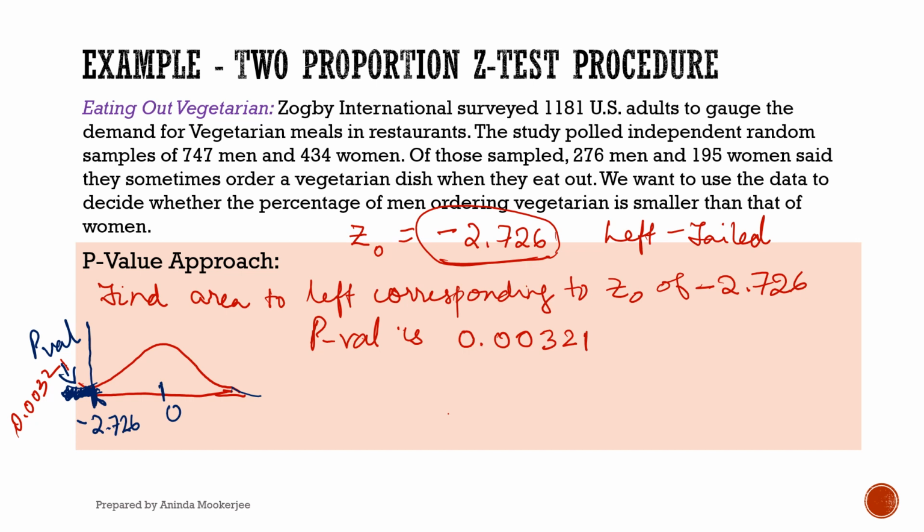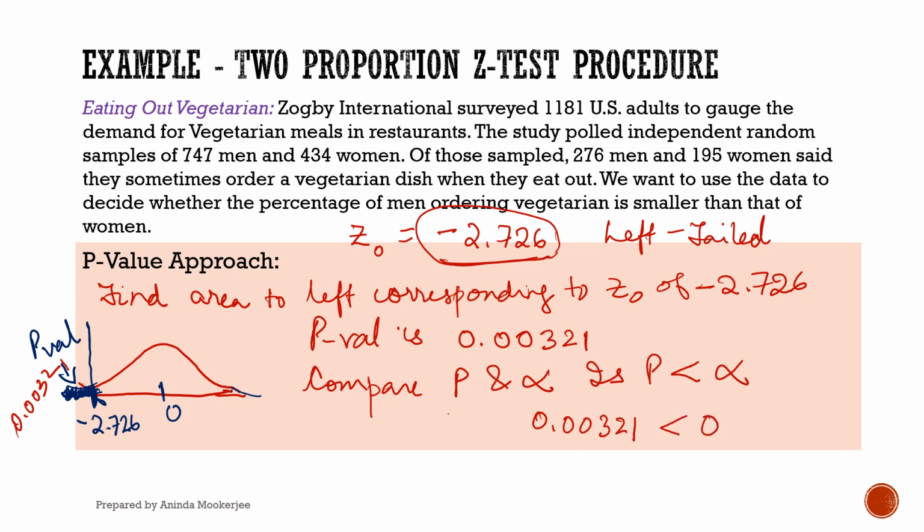So we compare it. Now that we know our p-value, we compare p and alpha. So the question we are asking is, is p less than alpha? P is 0.00321, which is indeed less than 0.05. So yes, it is less. Therefore, reject the null hypothesis.